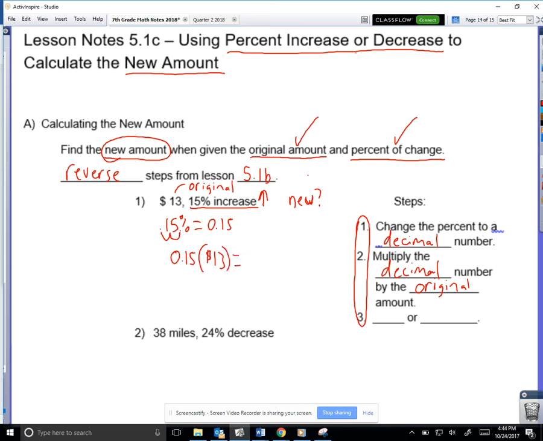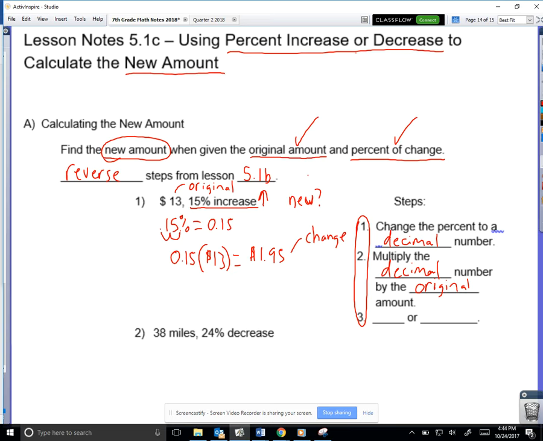When I do that, it's going to give me a decimal number, $1.95. This $1.95 is the change. That's how much change it is to go from $13 with a 15% increase. That's how much of an increase it is, $1.95.